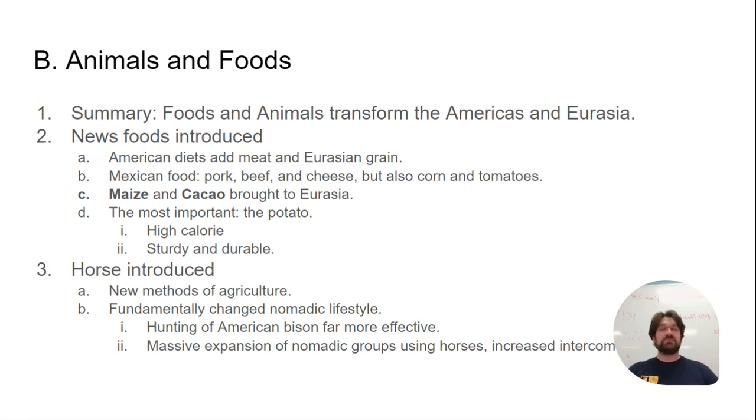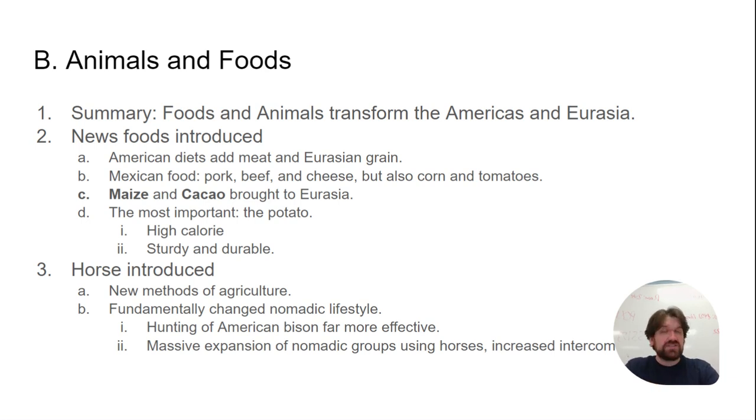The key grain in Mesoamerican cuisine and consumption was maize, or what we call corn, right? And cacao, not as prevalent as corn, but still an important part of the American diet. And something that AMSCO does that I really take umbrage with is not focusing on the potato that was domesticated and cultivated in the Andes region. Specifically because the potato, more than any crop found in America and brought into Eurasia, is as important.